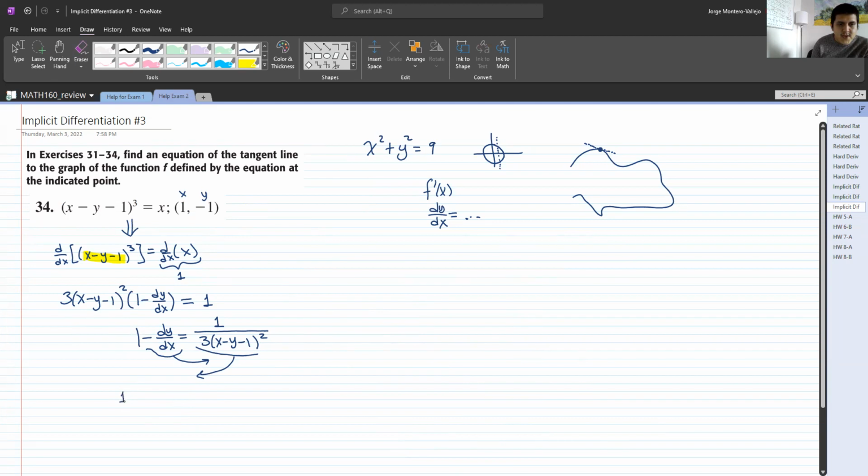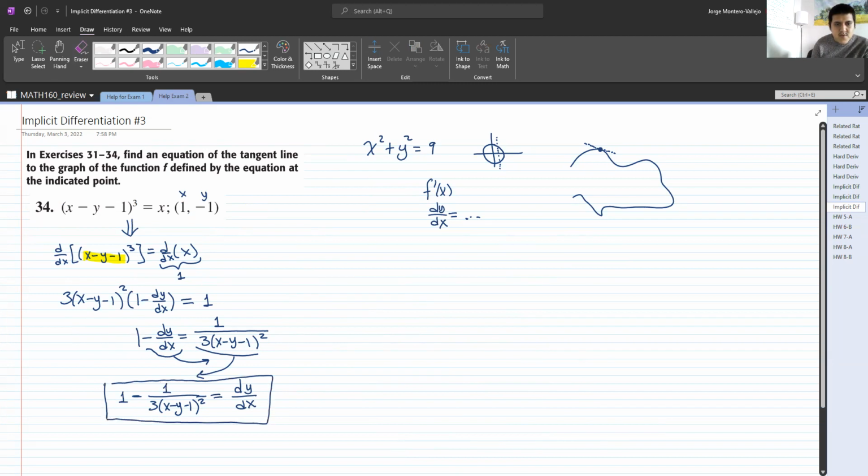Well, 1 here is positive, but then when I send this fraction to the left side, because it has a positive sign over here, it will come to the other side with a negative sign. I hope this makes sense. Okay, and now dy dx had a negative sign. Now on the right side, it will have a positive sign. But you see that now I have solved for dy dx, right? Okay, so this is my dy dx expression.